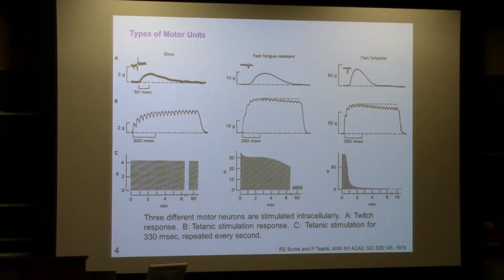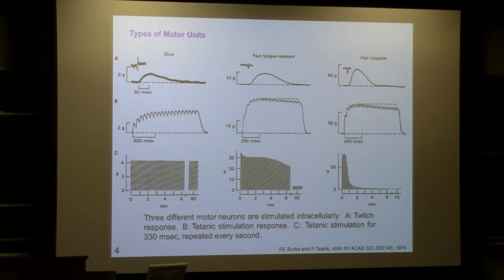So a muscle fiber and its motor neuron is called a motor unit. And so here's an action potential that comes down the nerve of the motor unit, and it produces a twitch in the muscle fiber. So if the muscle fiber is slow, you see that it takes about 50 milliseconds to generate that peak force, and then it gradually declines. The other thing you see is that it produces only about 1 gram of force.